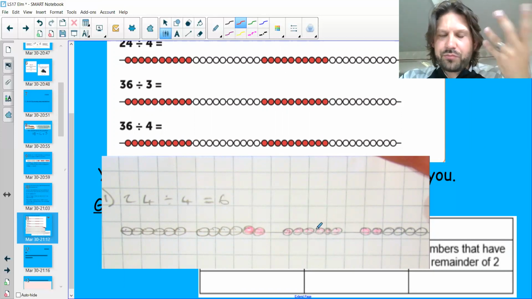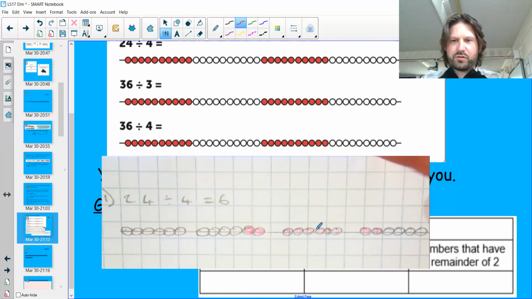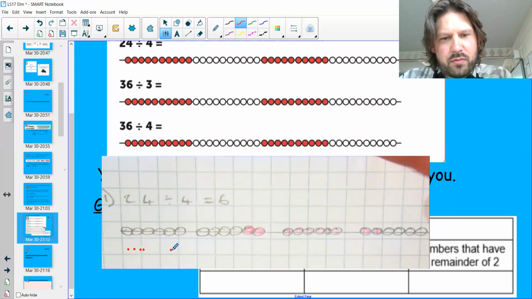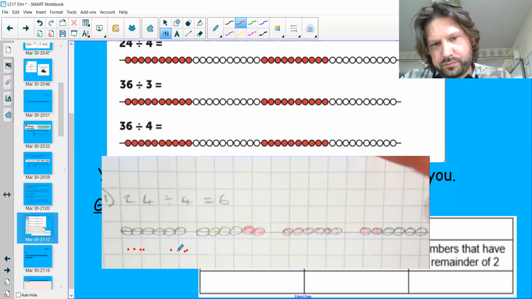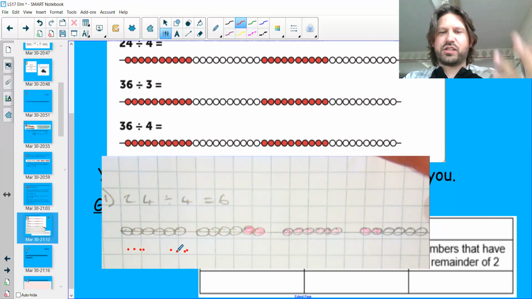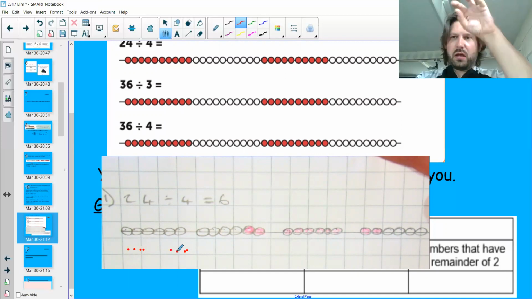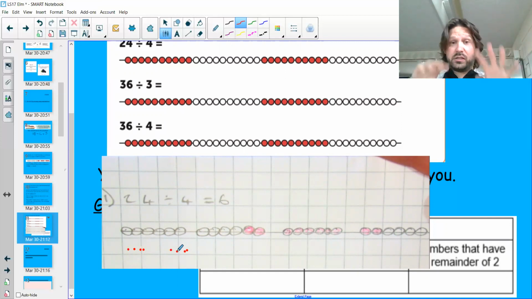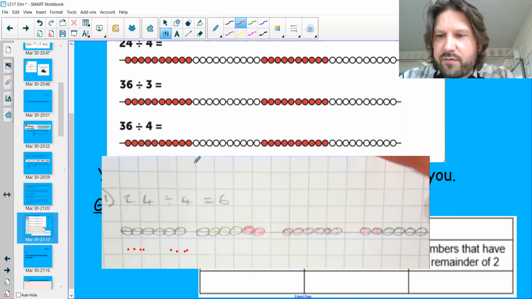Now, if you haven't got the concrete resources, I would suggest doing it the other way around. So I'd do 24 divided by 4, and I'd do little groups of 4. 1, 2, 3, 4. If you do that, you'll find there are 6. So it's just the numbers have been altered and turned around. And you can do that as long as you don't touch the big number. They still work. Okay, so I'd like you to have a go at that.